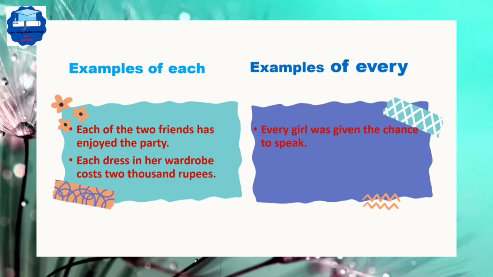Every girl was given the chance to speak. Everybody in the hall was clapping for the show. So in the case of every, we are not told about the number of the persons or things.